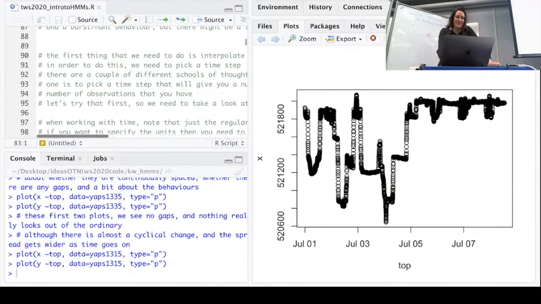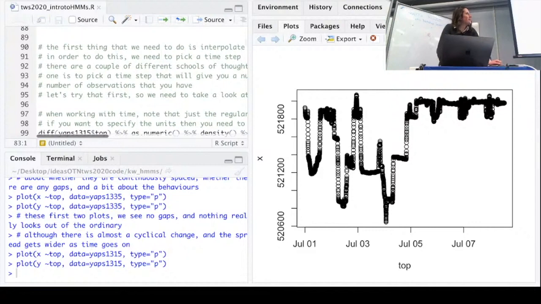Okay, so I think that was important for me to start and think, because we clearly have two behaviors here, but that burst behavior probably isn't showing up. So we might be looking for more than two behaviors in our hidden Markov model.